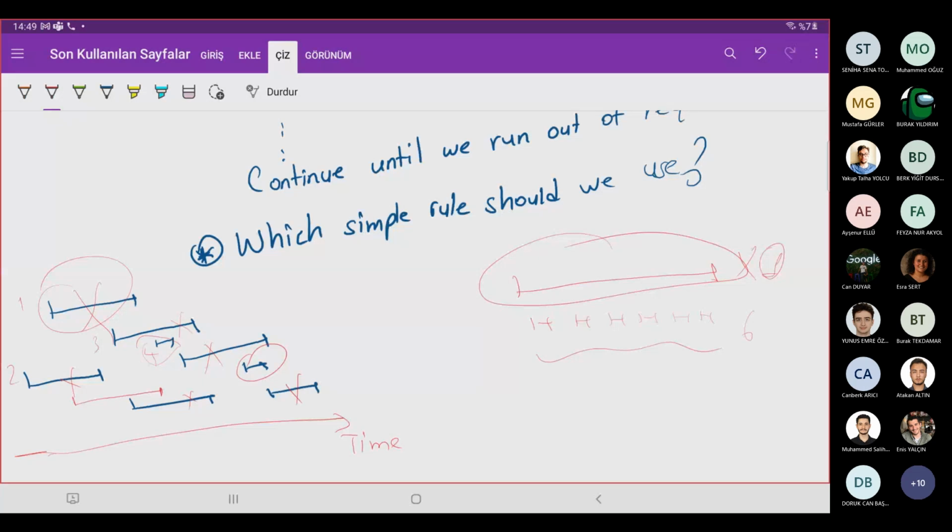Okay, just one idea. I'm expecting a second idea from another student, and then I will continue the class. We selected the shortest one.